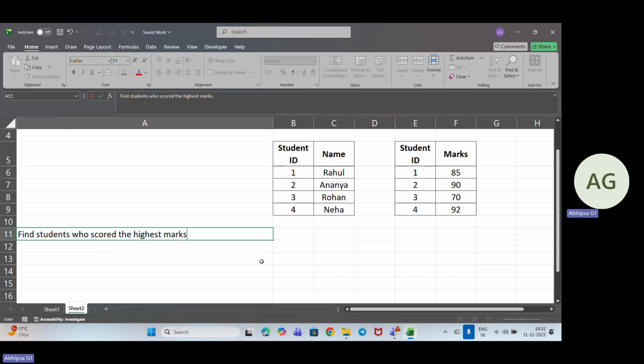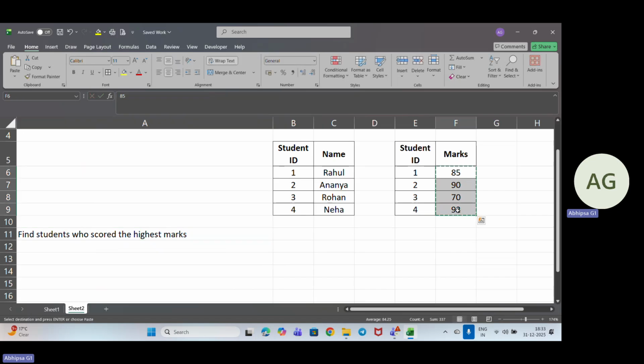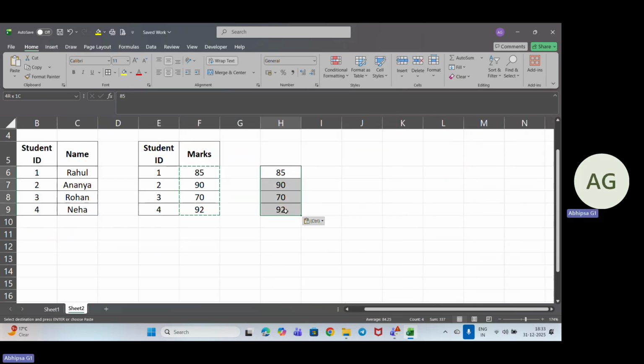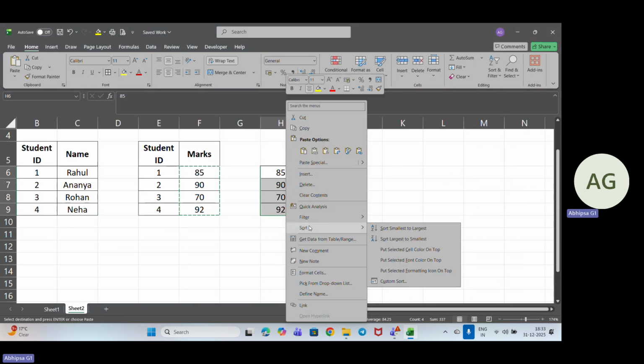Here there are two questions. Find student who scored the highest marks: student and the highest marks. The very first step is to find the exact highest marks among all of the marks that have been listed. So let's copy these marks here, Control C, Control V, and now I want to sort it.